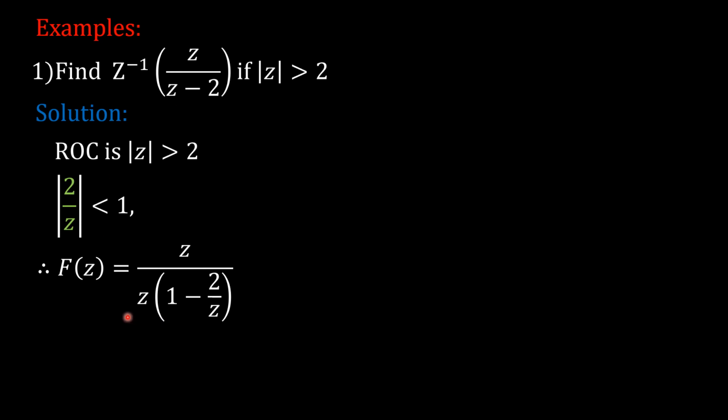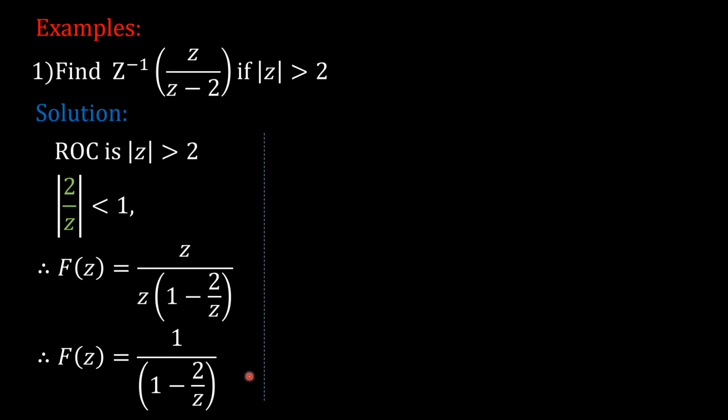So we take z common from the denominator, and that will give us z divided by z into 1 minus 2 upon z. This z will get cancelled and we are left with 1 upon 1 minus 2 upon z, which is of the type 1 upon 1 minus r.